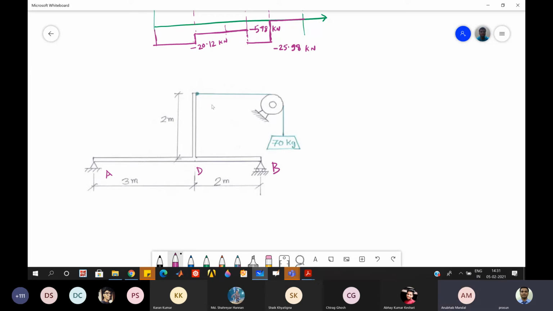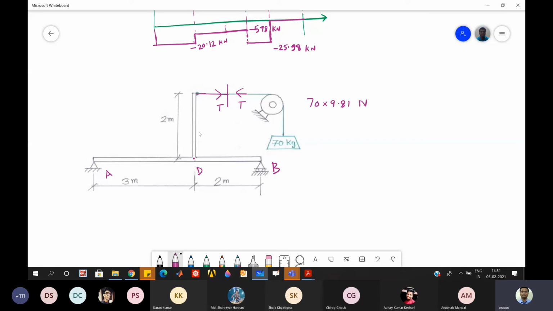So first what we have to do is take whatever load is coming to this ADB member. So ADB member will be subjected to a force at D and a couple. If I cut here, you can see that there is a tension T, and this tension is nothing but 70 into 9.81 Newton.